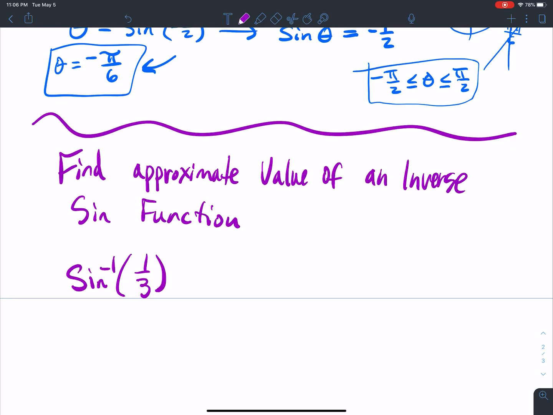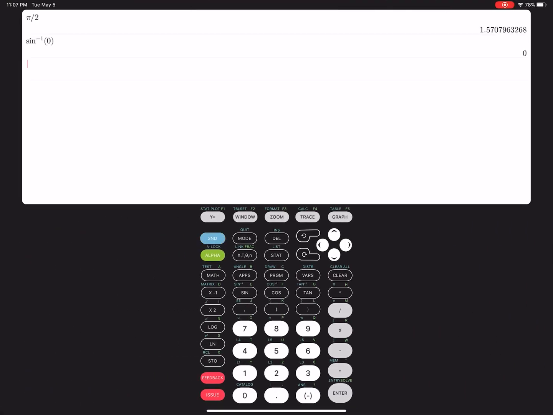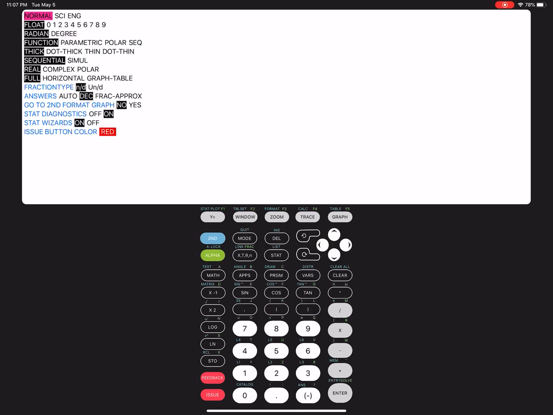So how do I do this? We need to express our answer in radians rounded to 2 decimal places. The biggest thing is to make sure that your calculator is in radian mode. So click the mode button and make sure radian is selected.